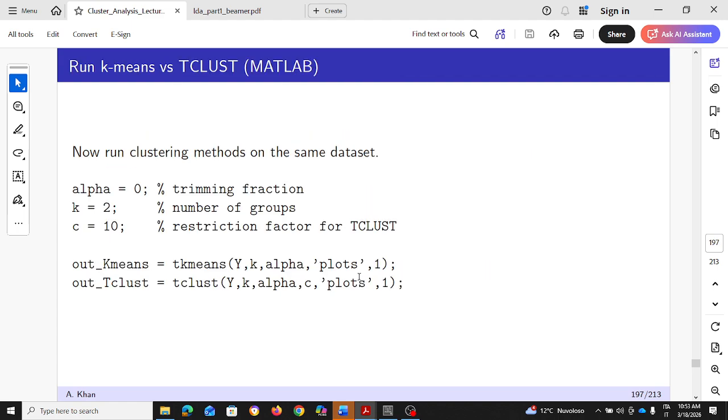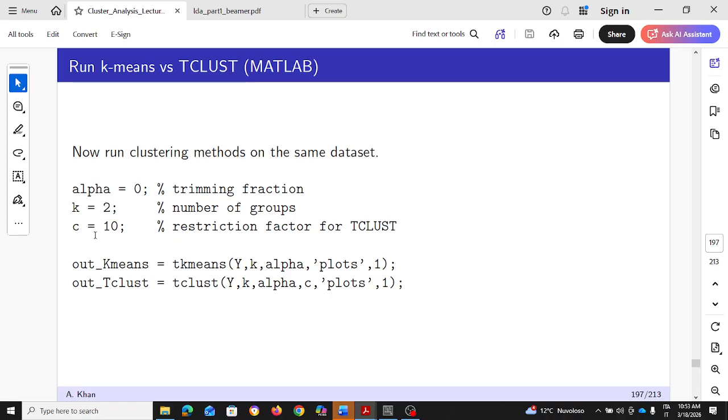Now, to run both algorithms on the data, k-means and t-clustering. In this exercise, we don't want to trim any data, so alpha is equal to 0. We want to have 2 clusters, so k is equal to 2.